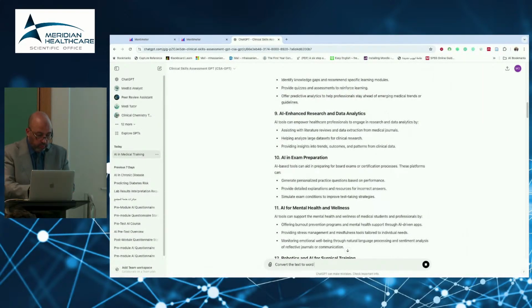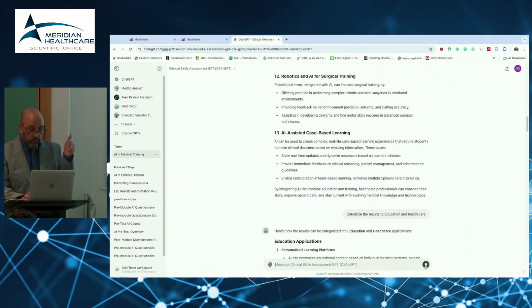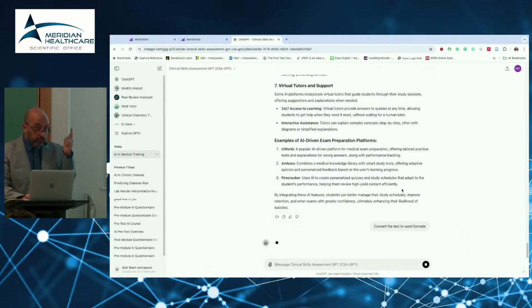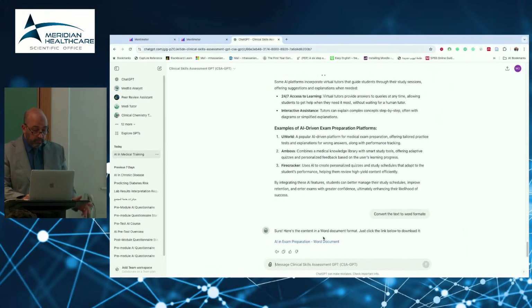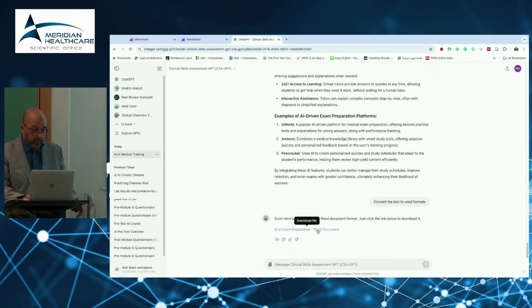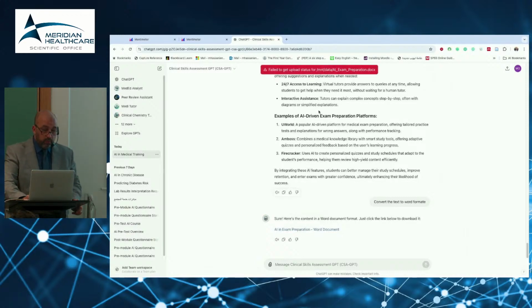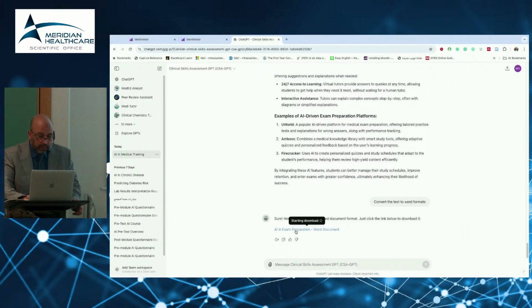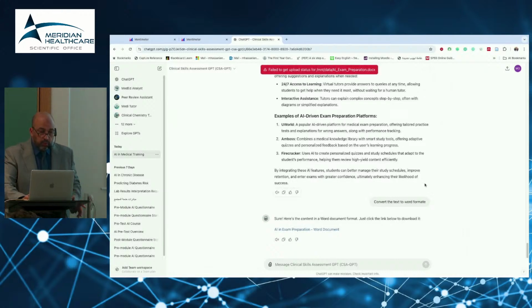Convert the text to Word format. It will give it, and this is only in ChatGPT 4. So this is one of the options which is in ChatGPT 4 and not present in 3.5. So this is the Word document, for example, here. You can download it. Failed to upload. Sometimes it is not working, and sometimes it is working well. But the options are there.